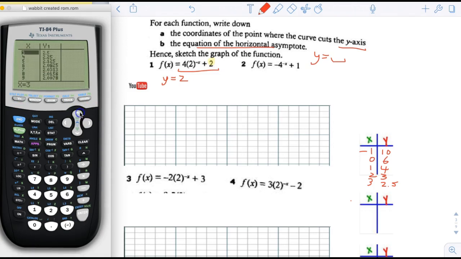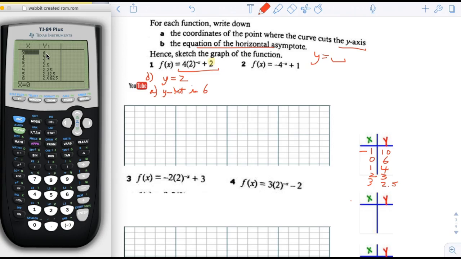When x equals 0, y equals 6, okay? So for part A, the y-intercept is 6.